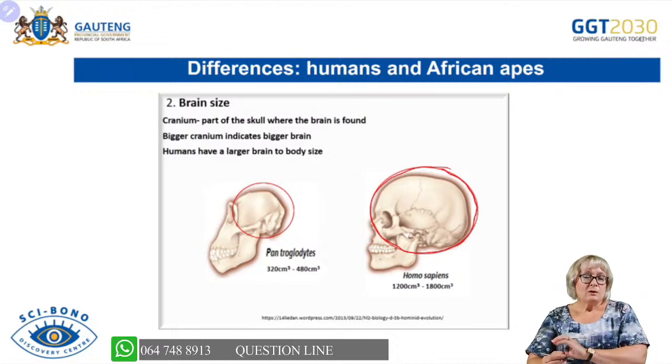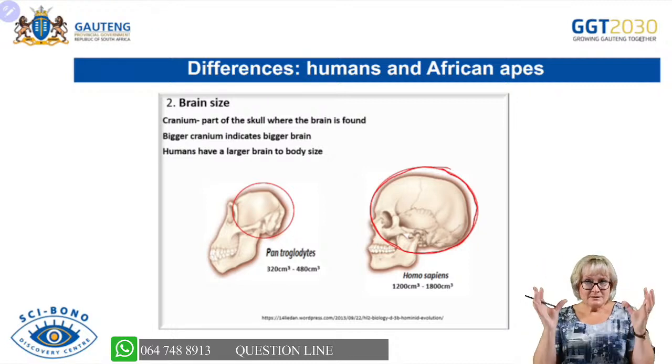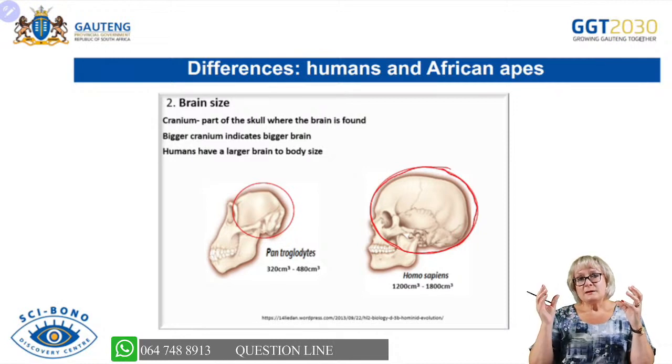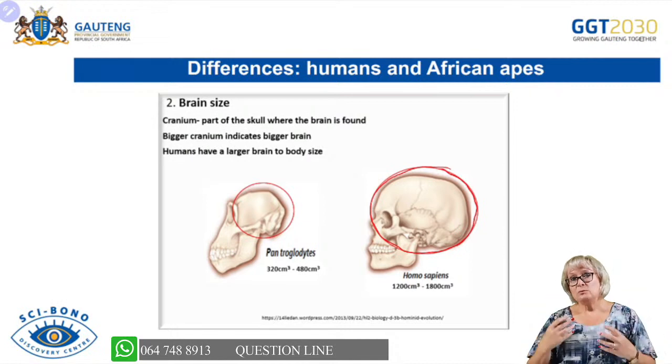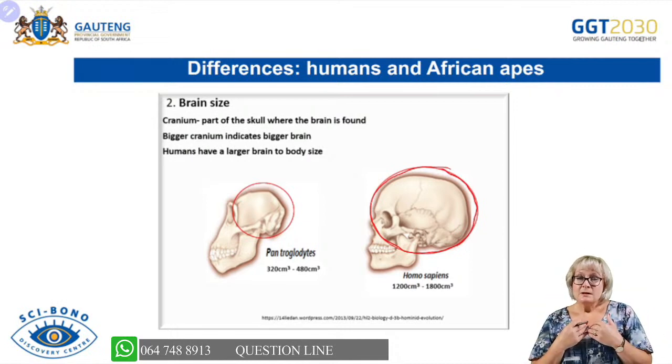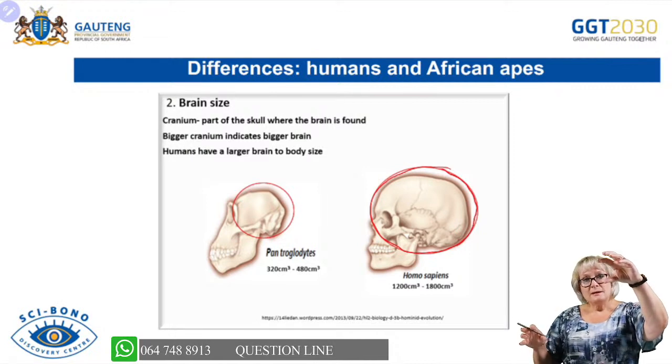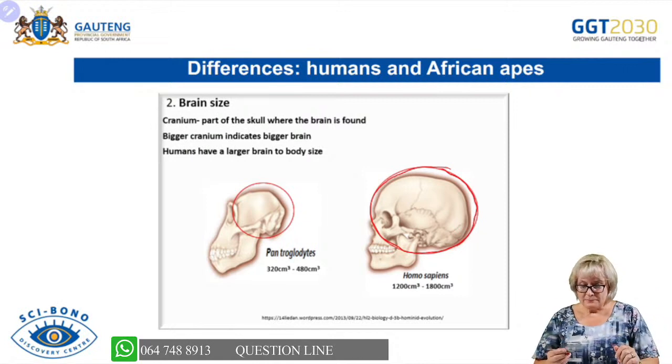Although we're looking at the cranium size, you must also put that into relationship with the body size. Yes, the brain size of a whale is much bigger than that of a human, but humans are more intelligent, because if you work out a ratio, you will see that the ratio between the brain size of a whale and the body size of a whale is much smaller than that of a human.